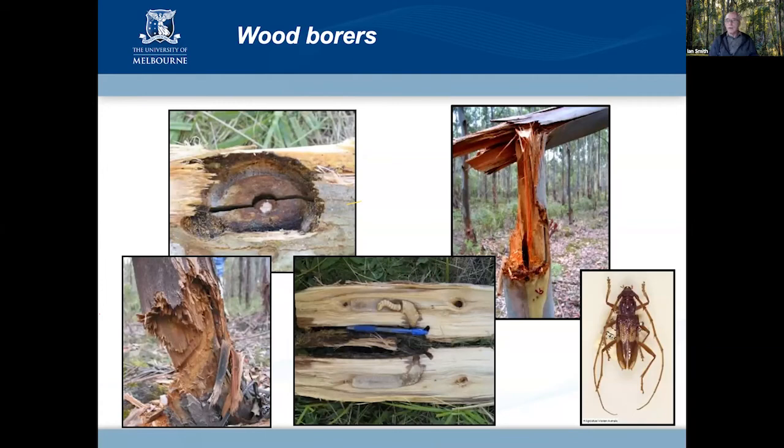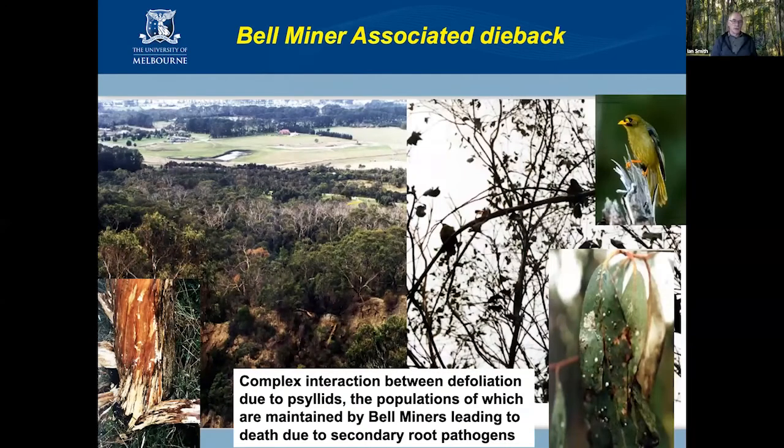The last one I'll quickly deal with is the bell miner associated dieback. This is one that doesn't occur much, fortunately, in the Dandenong Ranges, but certainly off towards Lilydale and a number of other places around there, where you get these discrete patches of vegetation that we've created, and we prevent fire from getting into them because they're too close to communities.